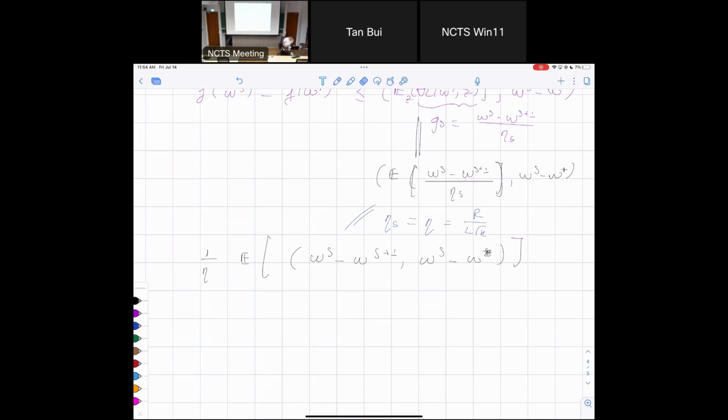Sorry, this is actually on the other side. I'm doing it on this side instead: W_S minus W star plus W star minus... Because W star is fixed and these are changing, both of them are changing, we're going to break into something changing and something fixed, and combine with this one.